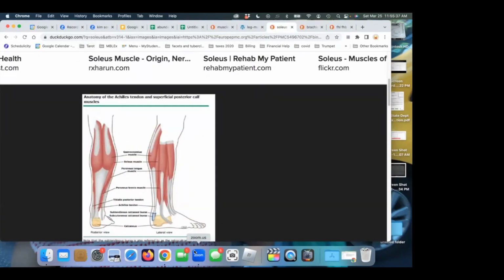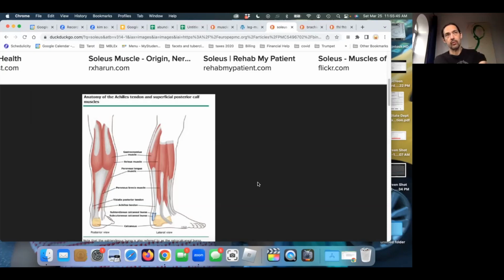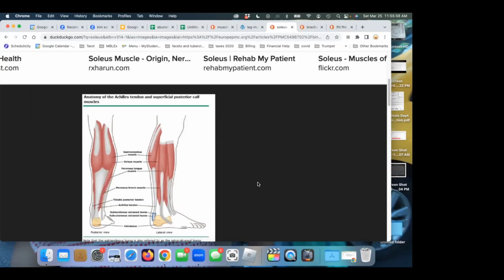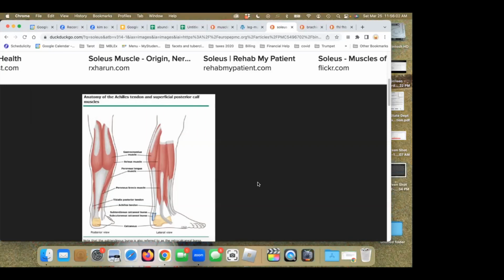In terms of the muscle fibers, how should we go about memorizing those? Do you mean where they insert and attach, or which ones are long rectus type muscles, which are feather pennate type muscles, and which are round? Yeah, the attachments and also the direction the muscle fibers are going.